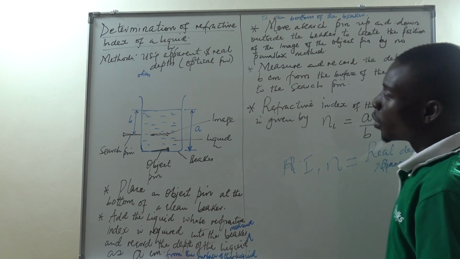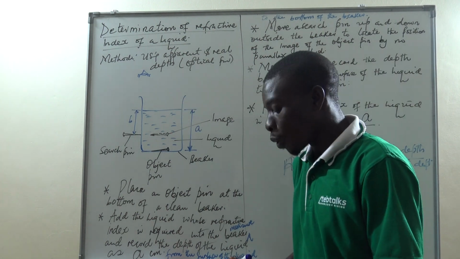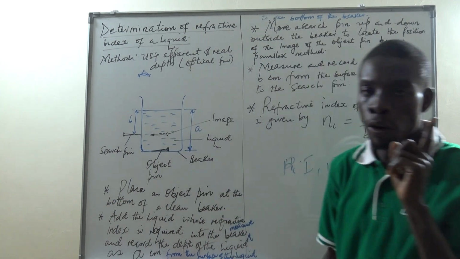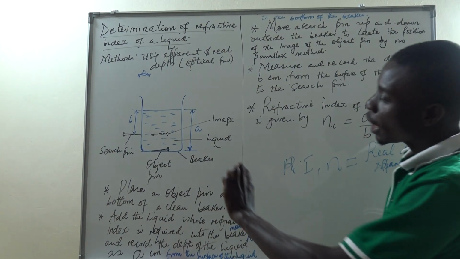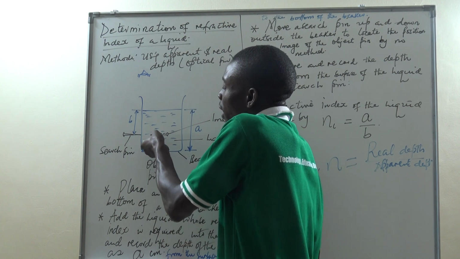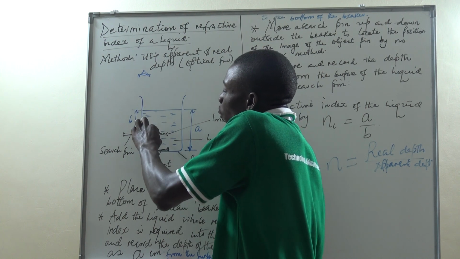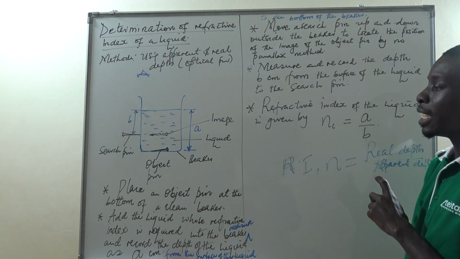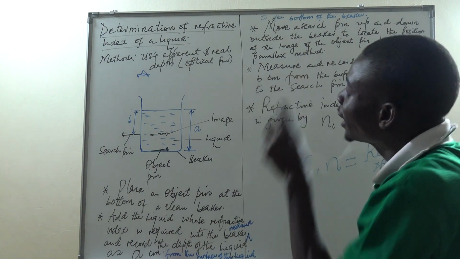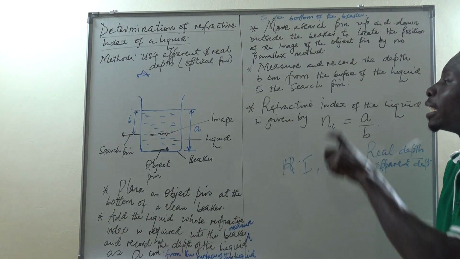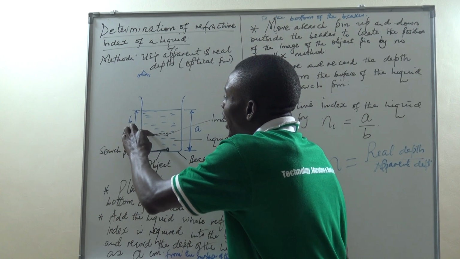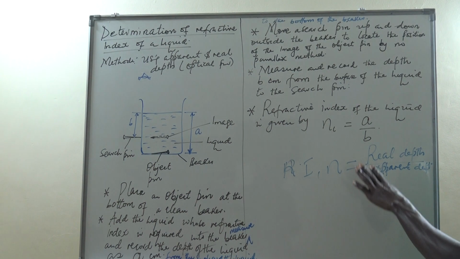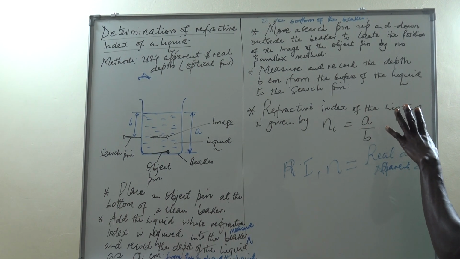Because from here up to here is the actual, or the real depth. So if you measure from the surface up to the bottom, you've gotten your real depth. But now if the pin is observed to be raised up, that means that the depth from here up to where the pin appears is not the exact height, but it looks like it. Therefore, it is an apparent depth. So if now we use this to locate that depth, we can measure from here up to here, and that's our apparent depth. And now we shall say our refractive index is determined from here.